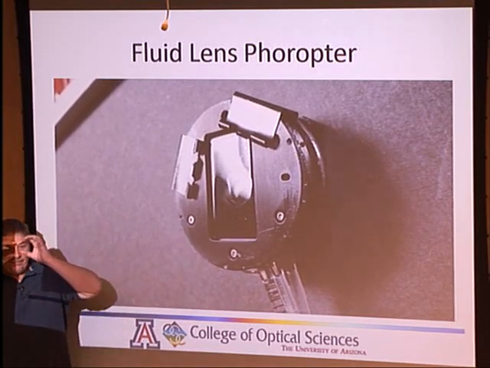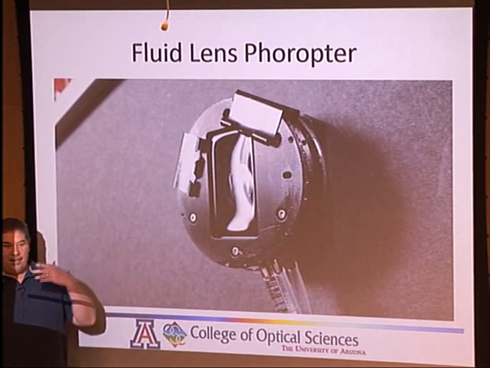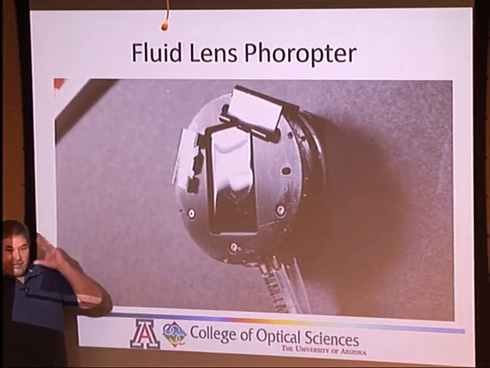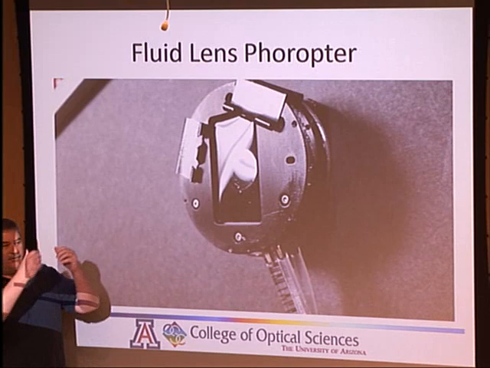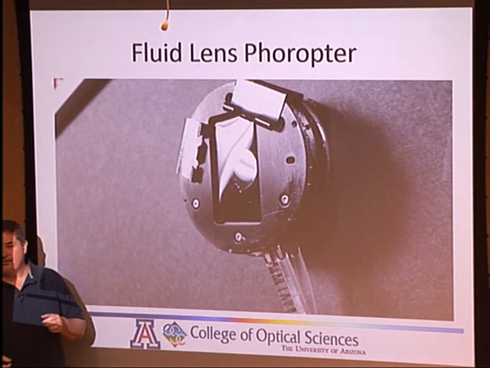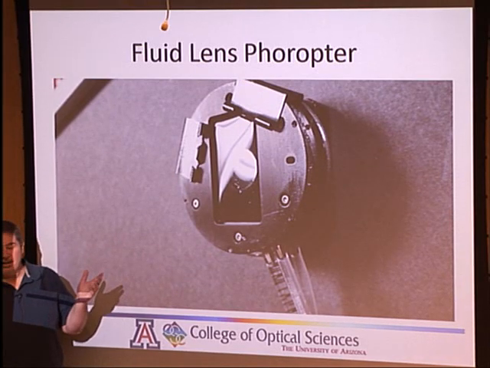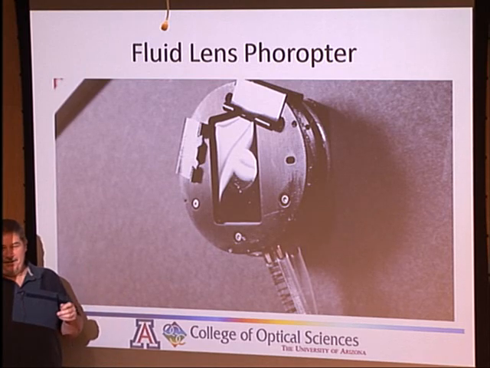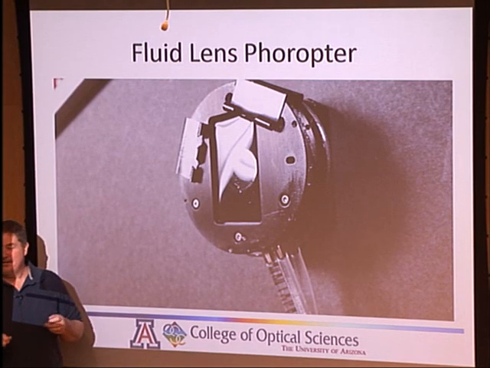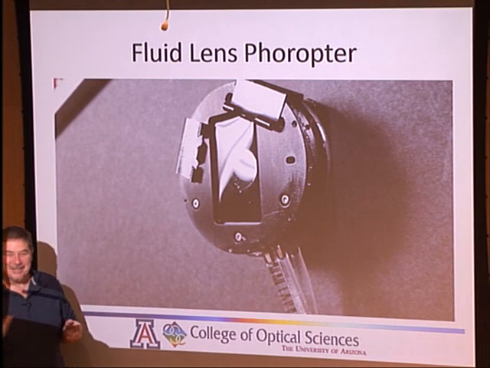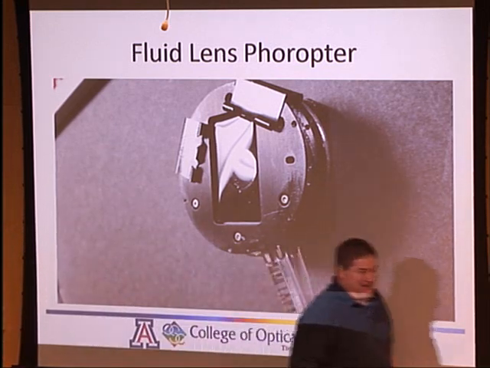So by sitting in front of this system, it automatically measures your eyes and adjusts to compensate for that error, so that you can look at the eye chart across the room and it suddenly becomes clear. So no more, is this one better or is this one better? Those of you who have glasses and contacts know exactly what I'm talking about.